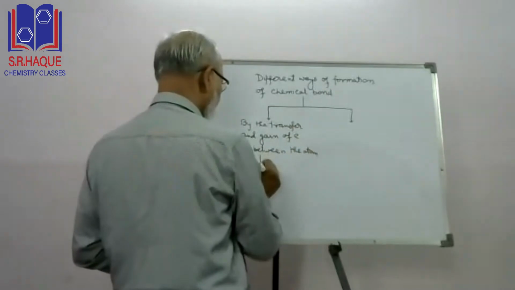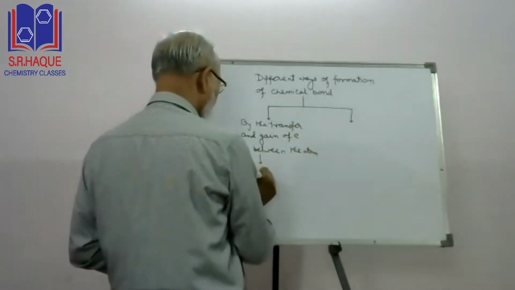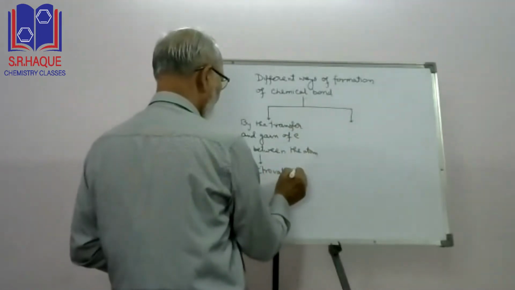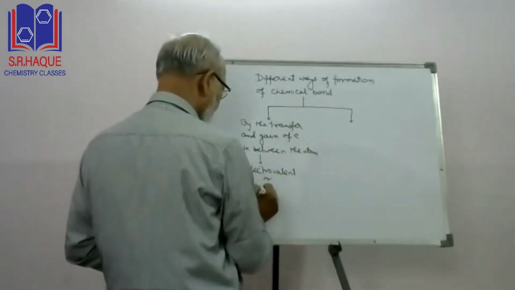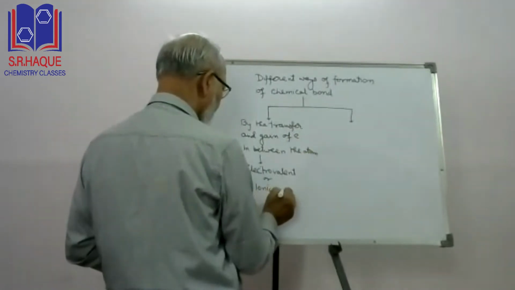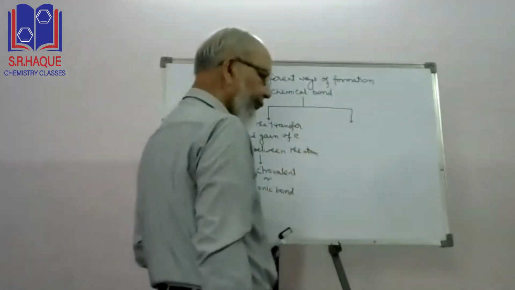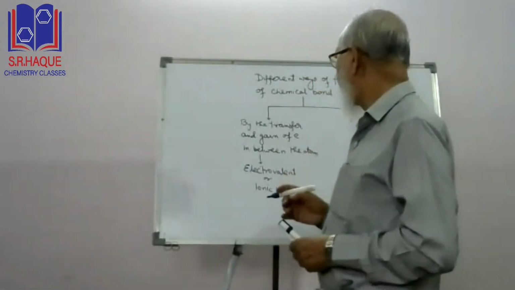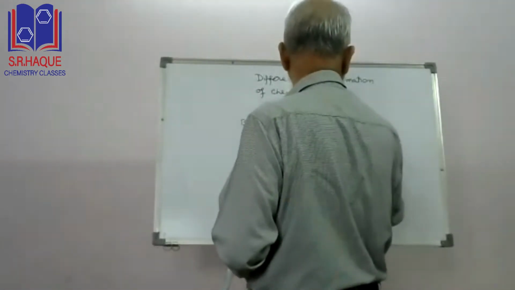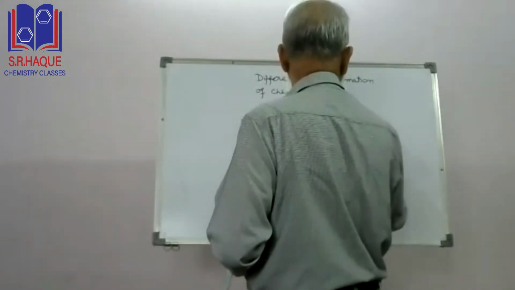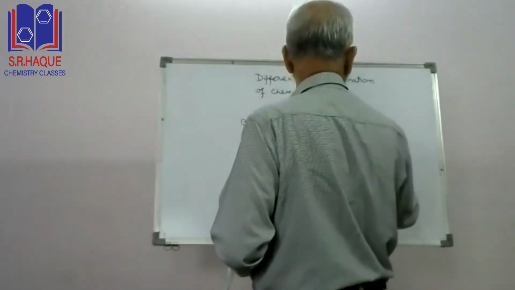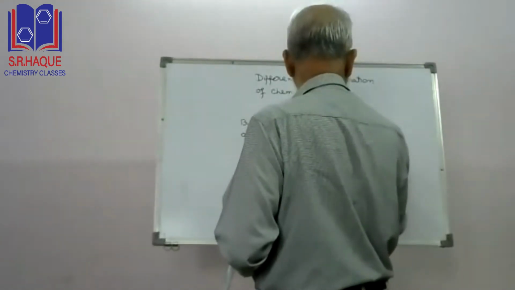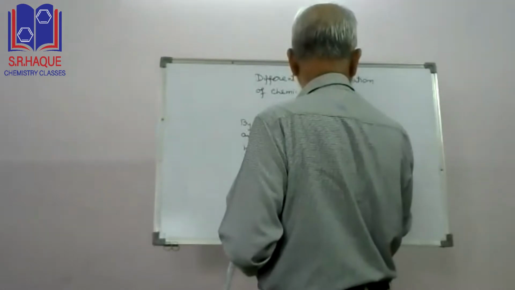And this results in the formation of electrovalent bond, which is also known as ionic bond. The other way is by the sharing of electron between the atoms.